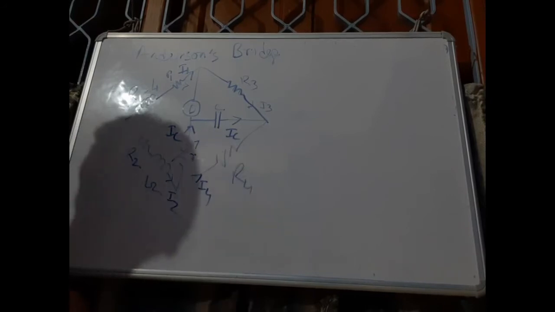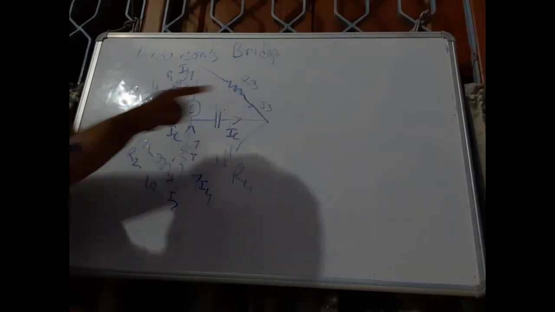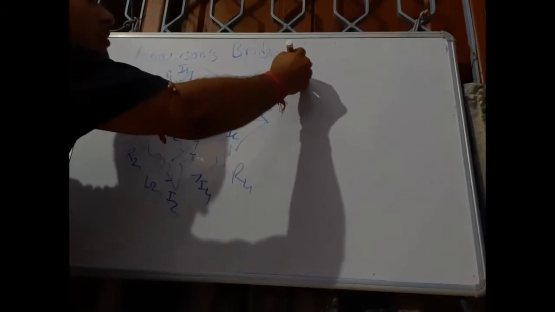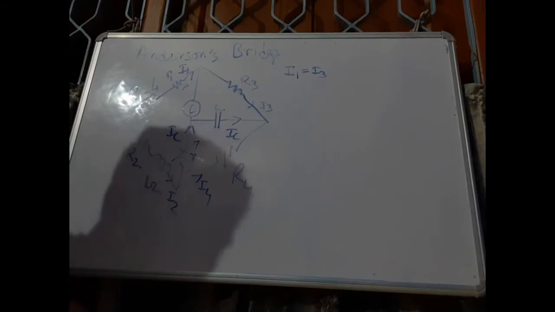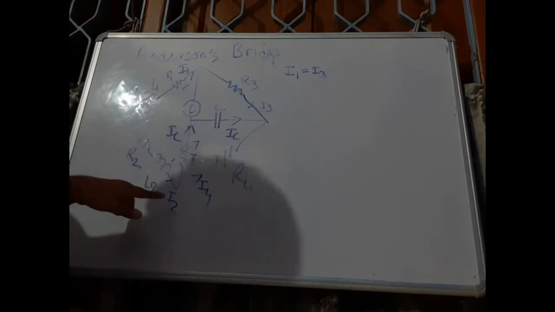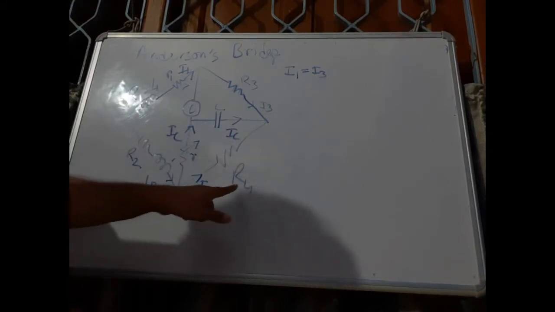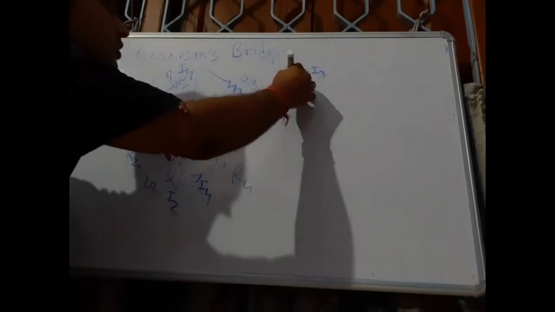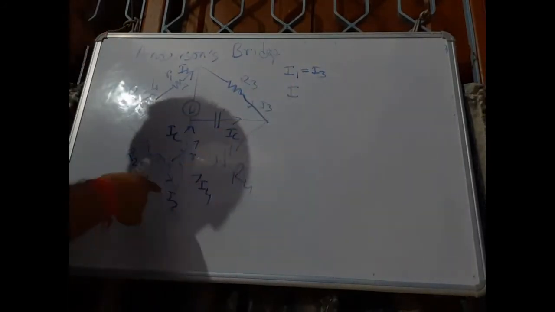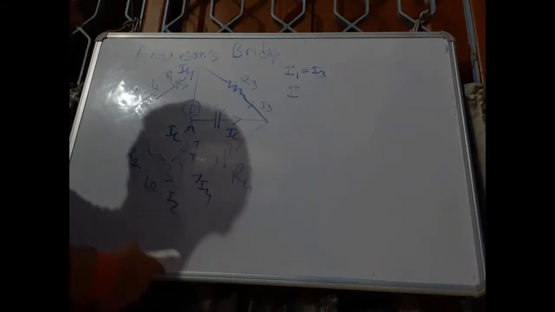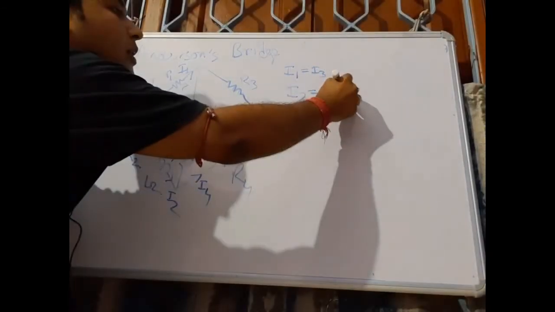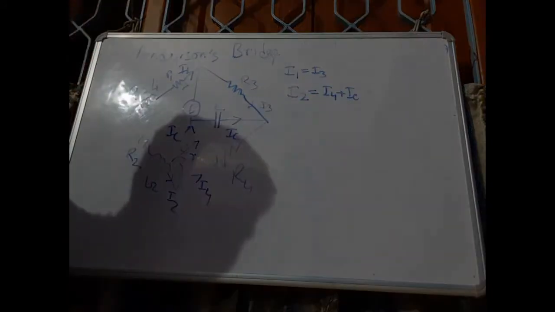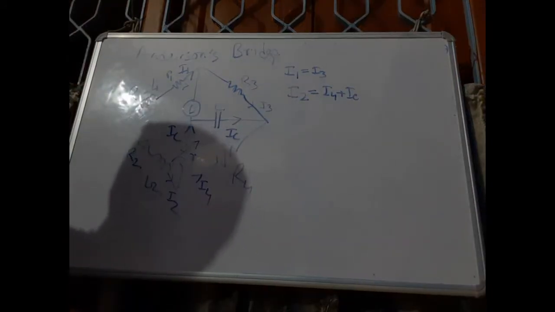Now what we have, I1 equals I3. This is the condition for balance. I1 equals I3, but I2 is not equal to I4 actually. If we apply KCL at this point, we will get I2 is I4 plus IC, right?